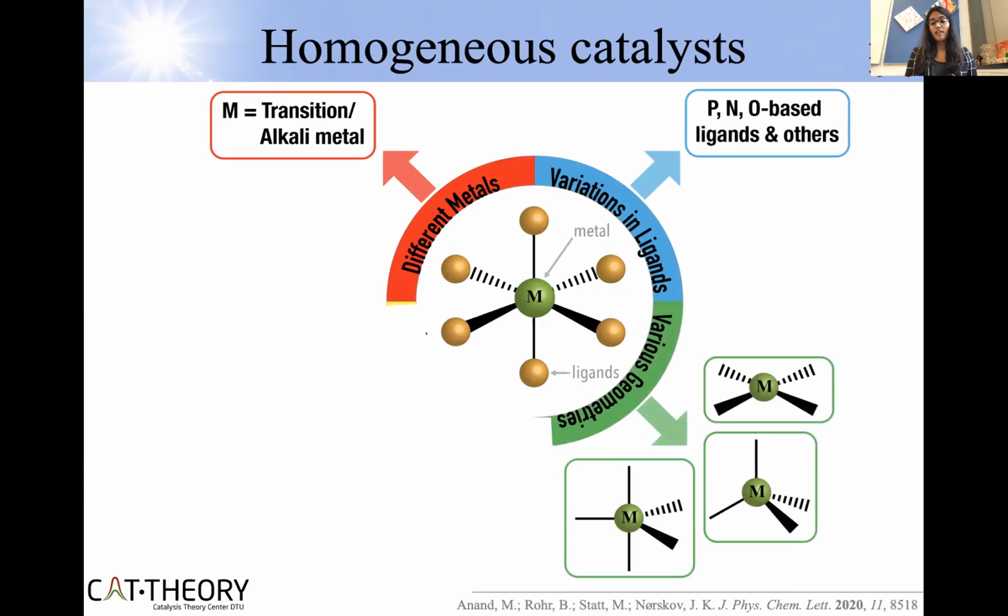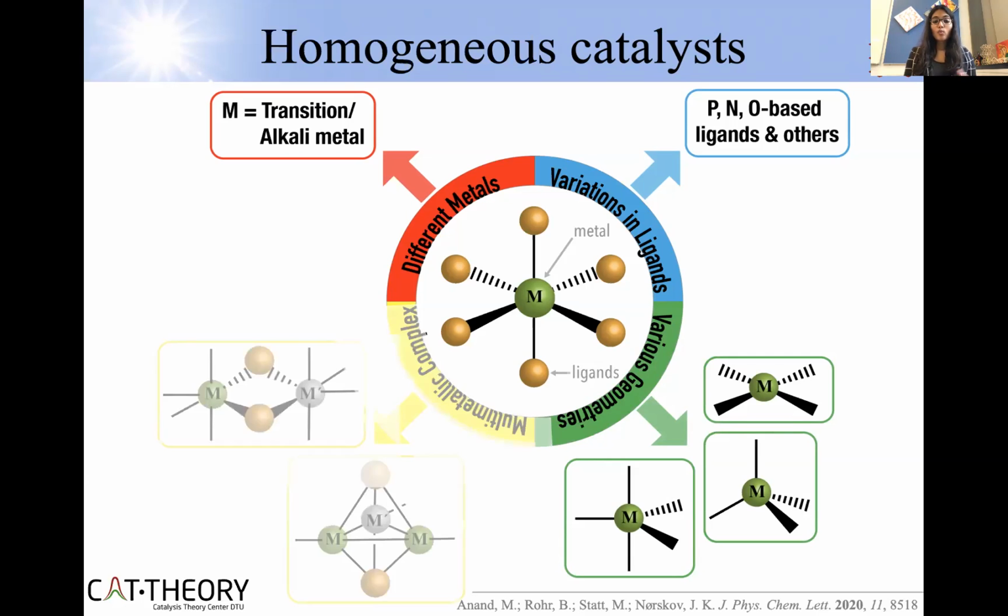Or you can have variations in the geometries, just like we have different shapes of nanoclusters in heterogeneous catalysis. You can have similar variations in the structures of these organometallic complexes. One can also have multimetallic complexes, hetero multimetallic or homo multimetallic, and such multimetallic clusters are usually characteristic of active sites in enzymes.